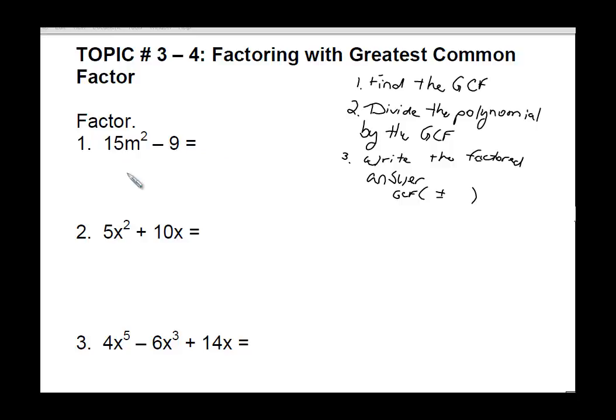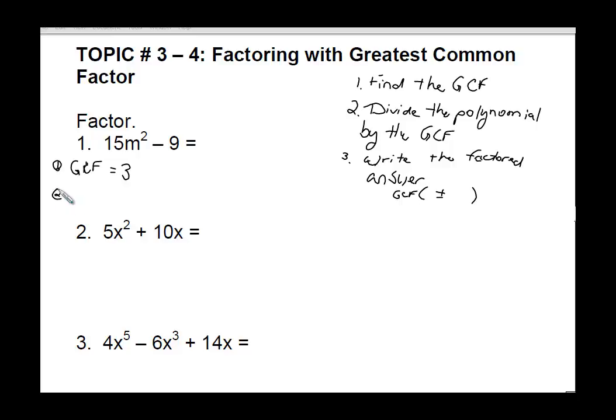So let's look at our first problem here. 15m squared minus 9. So we're going to find our greatest common factor. And the greatest common factor of 15 and 9 is going to be 3. Now, there's not an m in both places, so there's no letter that we need to use. So step 1, we found our greatest common factor.